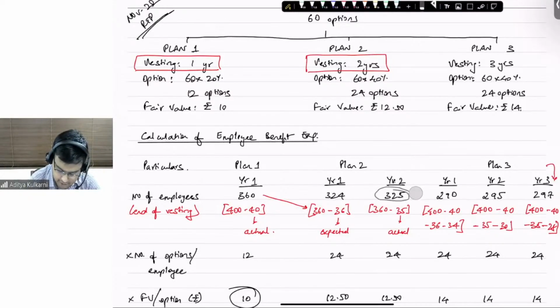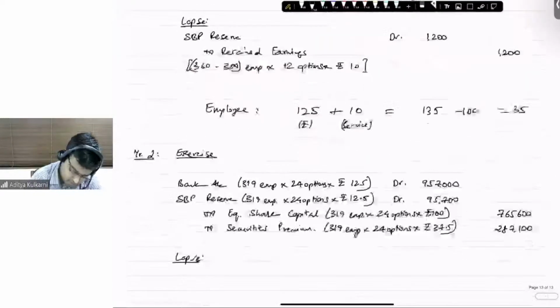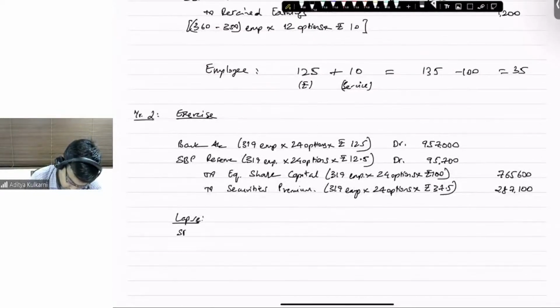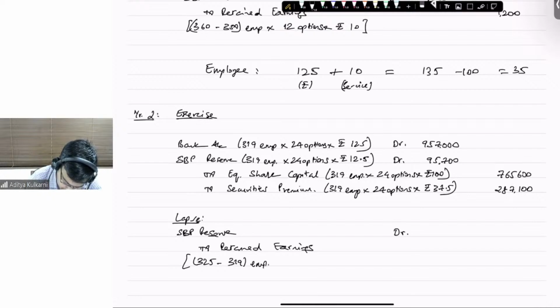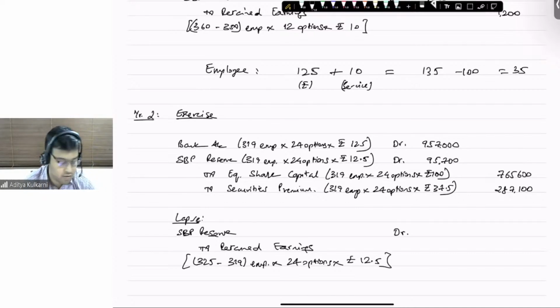So the balance 6 employees are getting lapsed. 325 minus 319 employees into 24 options into rupees 12.5. So basically that ends up with 1,800.